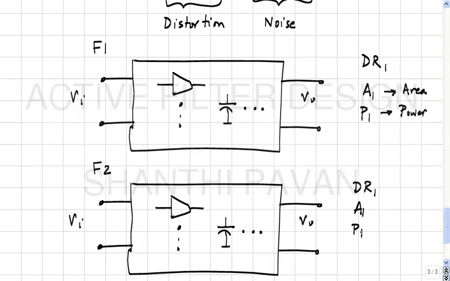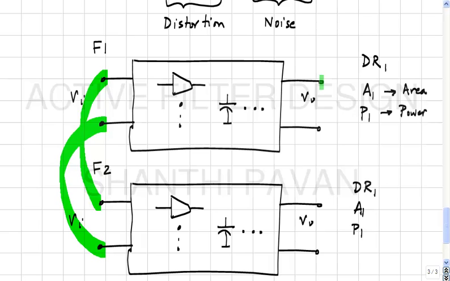Now, what do you think will happen if I join the corresponding nodes in these two filters? Okay, what will be the current flowing through these wires?